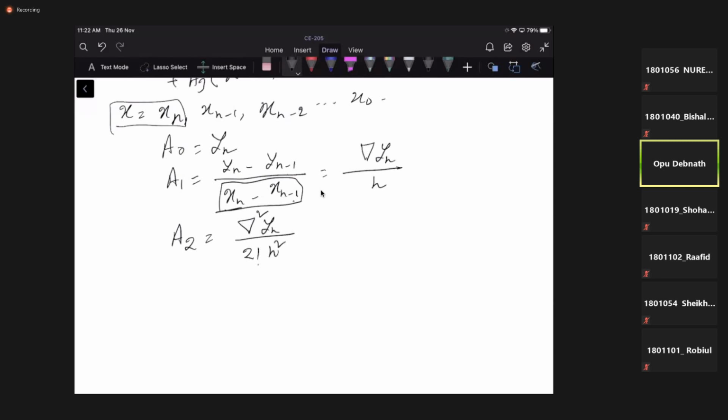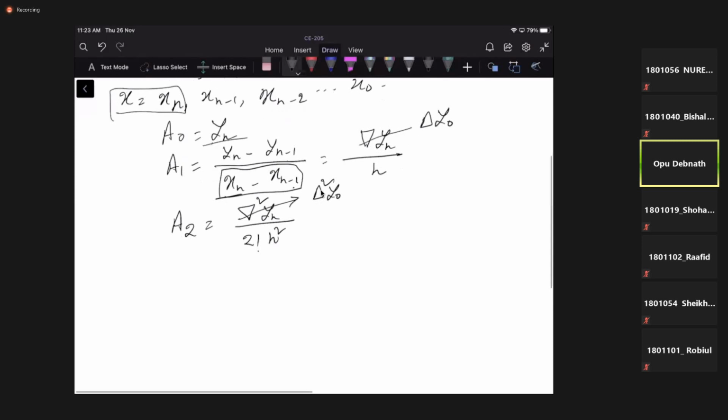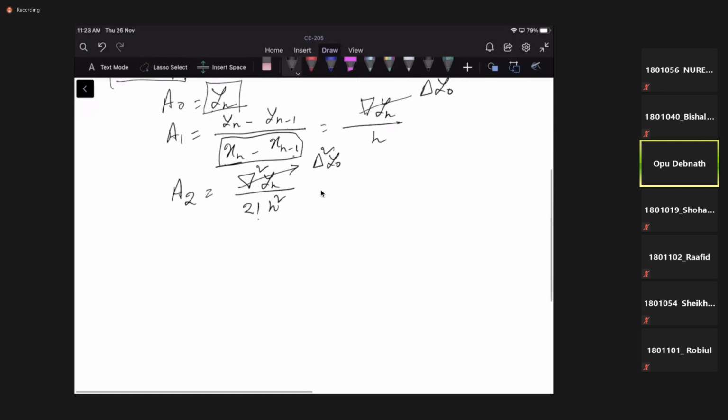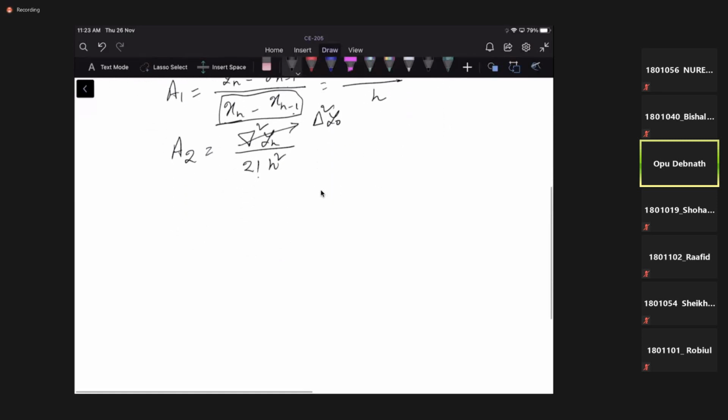That means it is very similar to the forward difference formulas, where in forward difference this was the first forward difference of y0, that means the initial value of x, and this was del square y0. Okay, but in this case these are coming from the backward side, and the last value, that means the nth value.